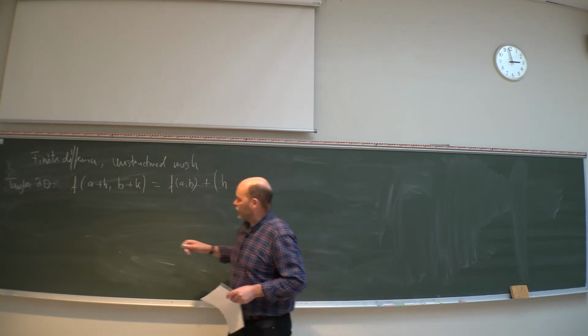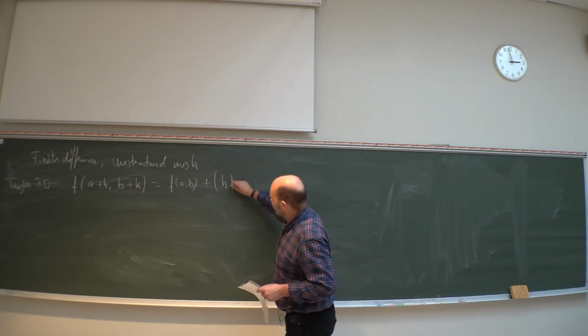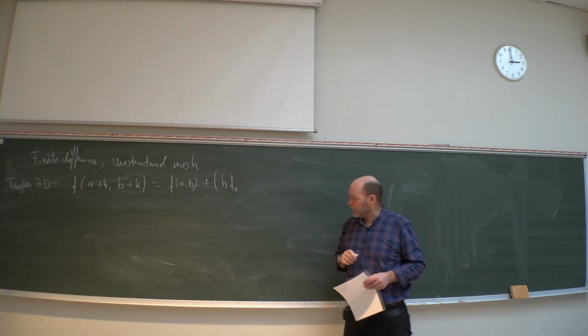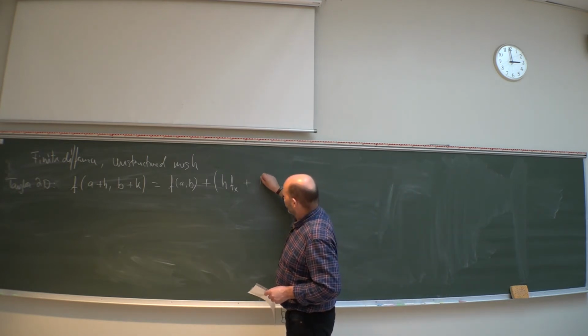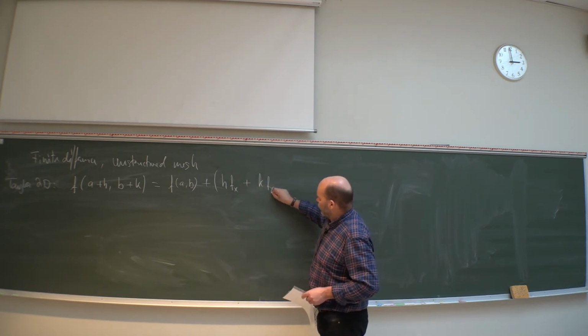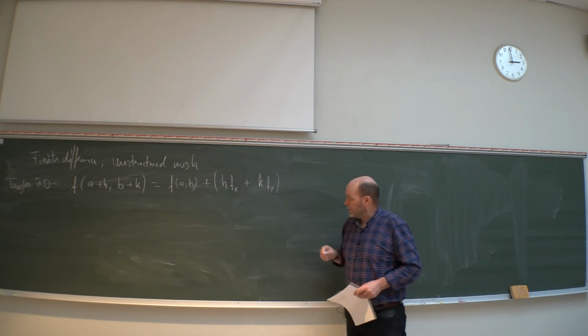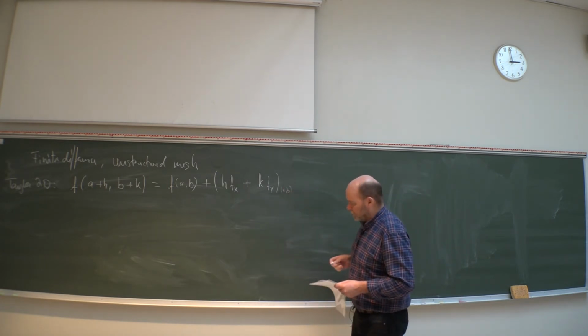You will have the delta, say that one is in the x direction, then you're going to need the x derivative of the function, and then for the y direction we had the distance k, fy, and this has to be evaluated in the point a, b, of course.